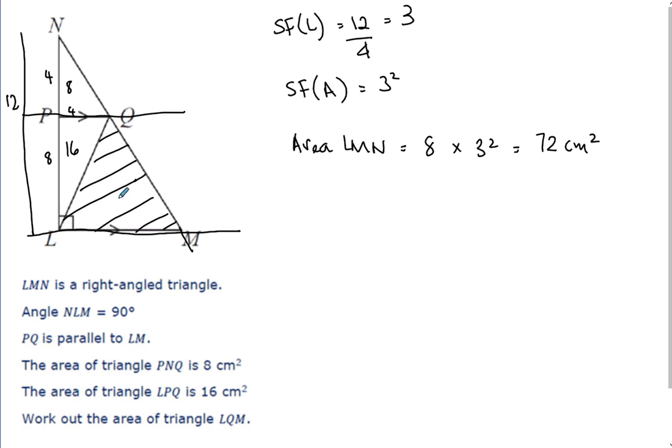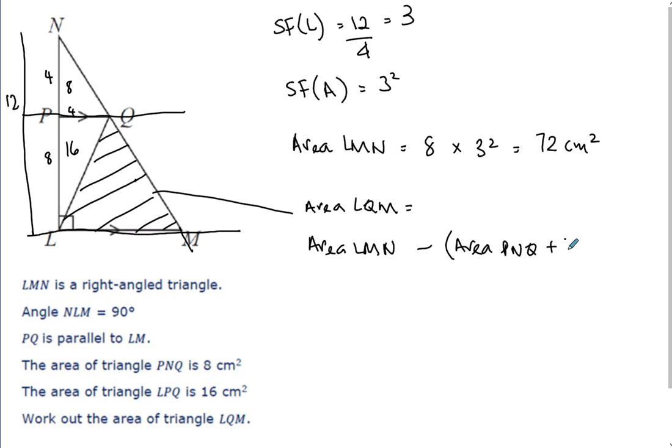So now you can tell the area of LQM will just be the area of LMN minus the area of PNQ plus the area of LPQ.